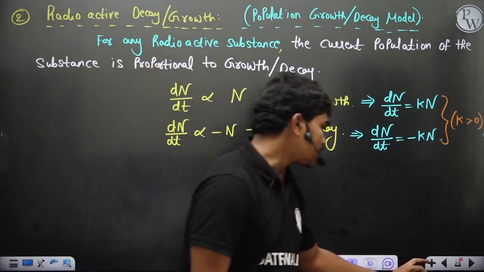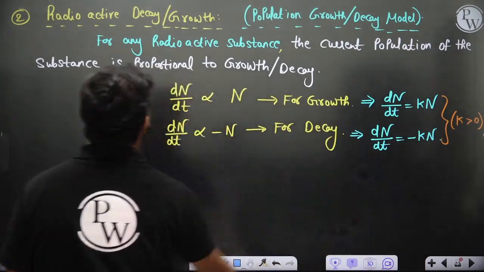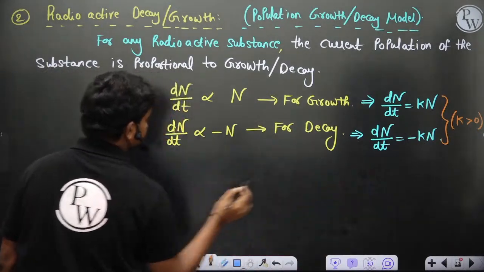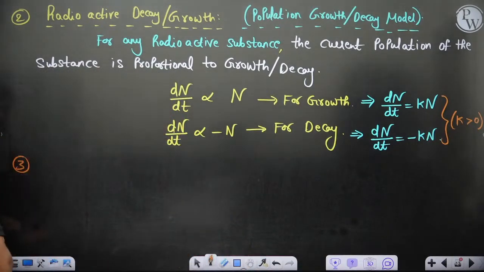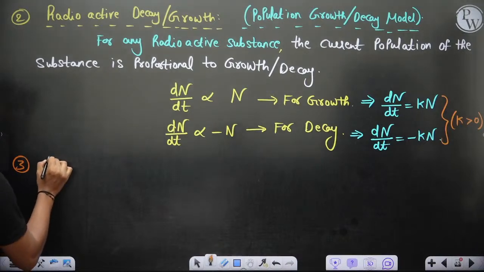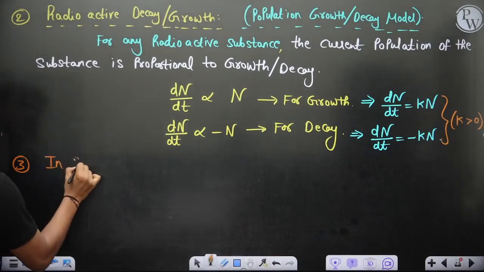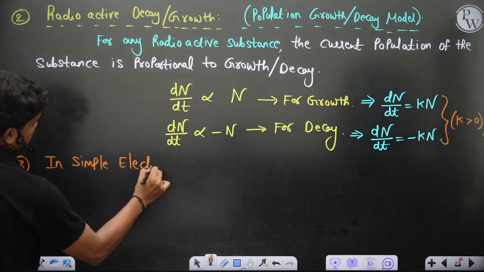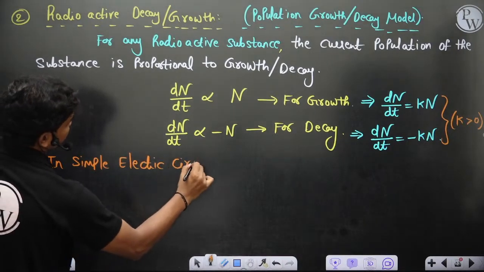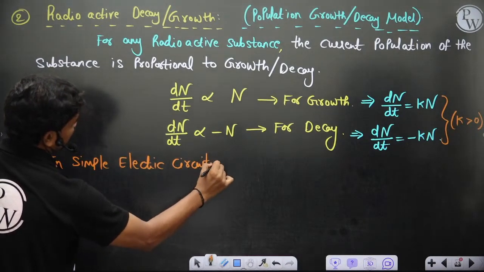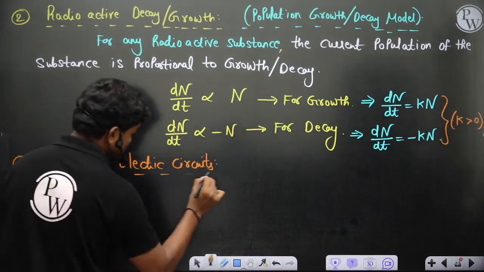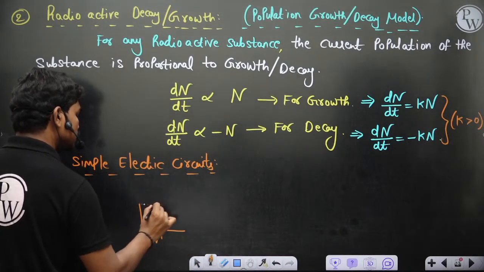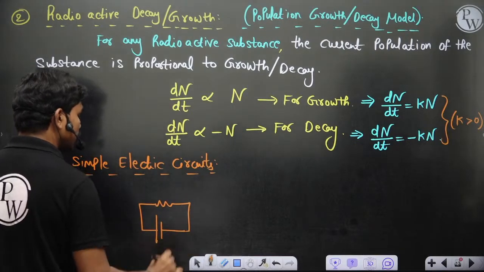Similarly in electric circuits, if you apply Kirchhoff's law, you'll get first order equations. So in simple electric circuits, let's say you have a simple cell in which you have a resistor and you have closed it.